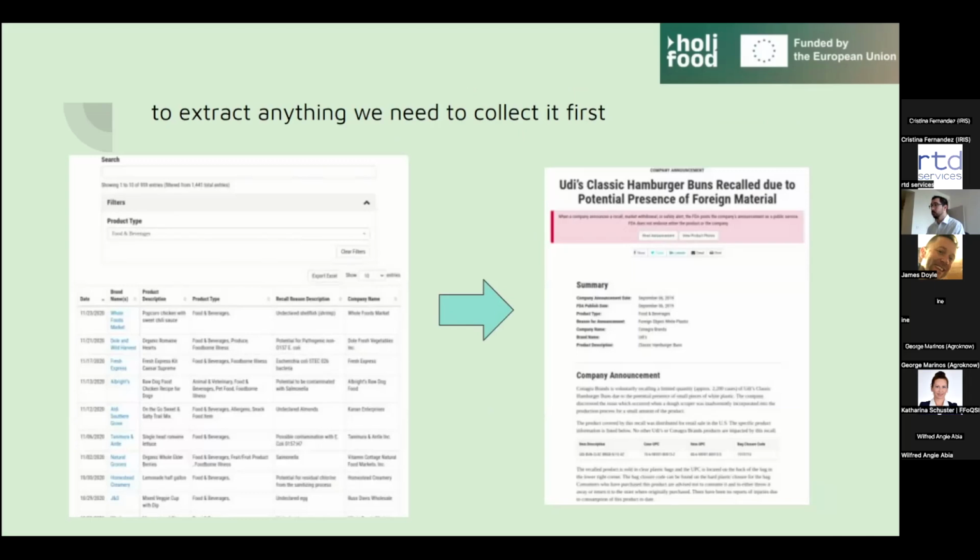You see in the left picture the web page with many links, and you may see that there are some hyperlinks in blue. If we click on each of them, we go forward to the right picture, which is a specific food recall. And this is the specific recall that we are trying to collect and extract the entities that have been announced in it.